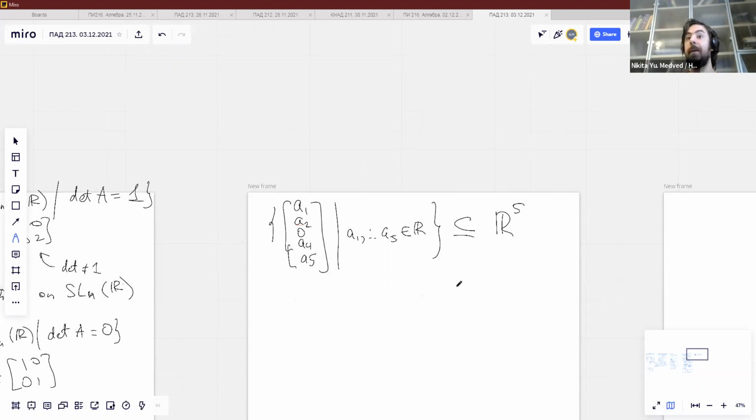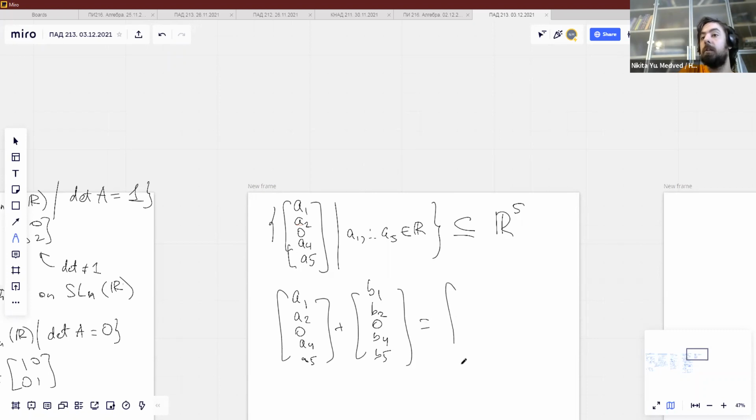Indeed, when you add 2 columns of this sort, the result is easy to write, and it also has 0 in this cell.